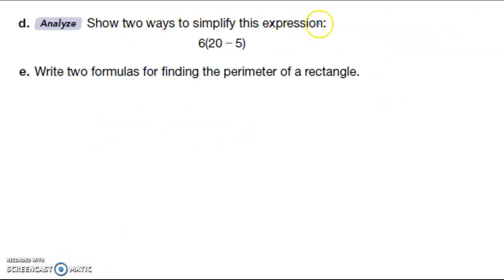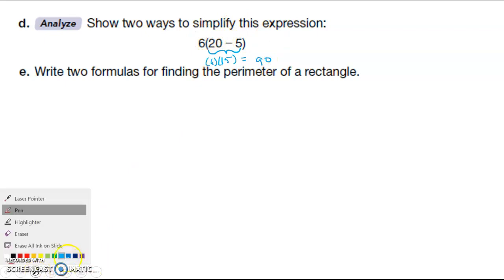Show two ways to simplify this expression. So the first thing I can do is do what's inside the parentheses. So 20 minus 5 is 15 times 6, and that's 90. Or I can distribute, let me change colors here.